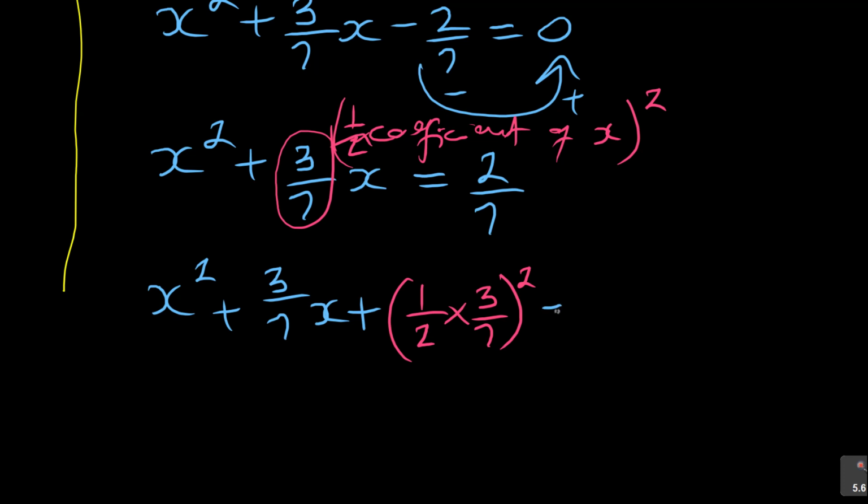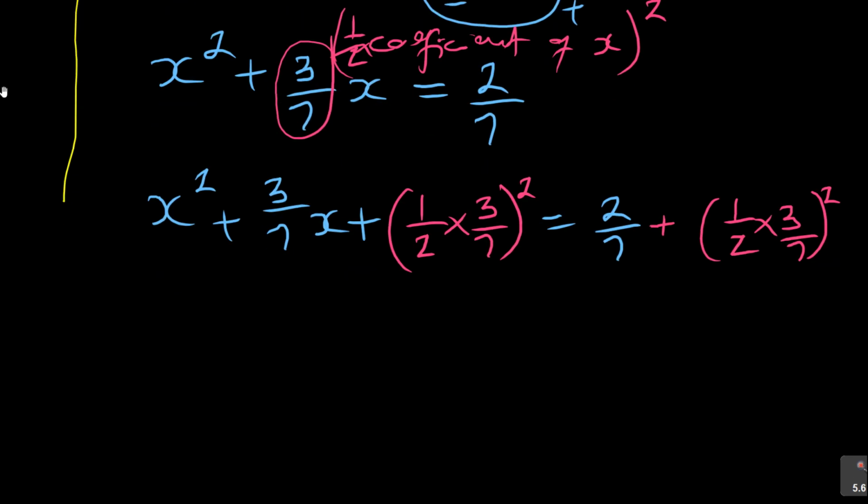So that is equal to 2 over 7, what you do on the left you do on the right, plus 1 over 2 times 3 over 7 squared. You must match it. Now when you use a calculator, you're gonna have x squared plus 3 over 7x plus, don't get rid of that bracket, you still need that square, leave it like that.